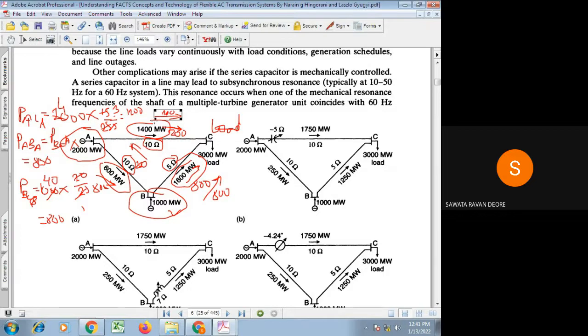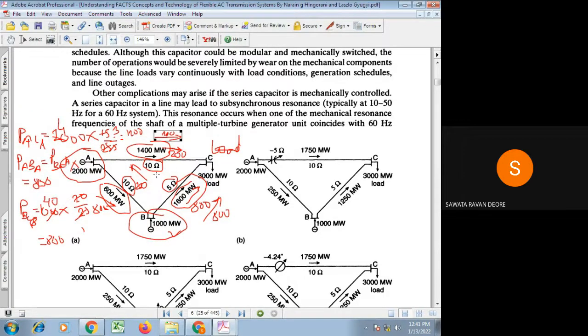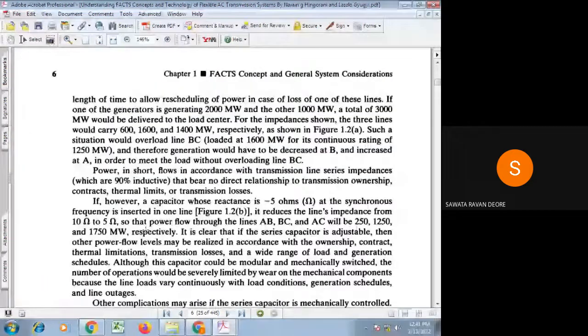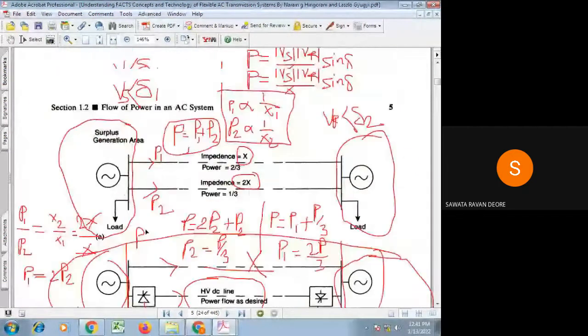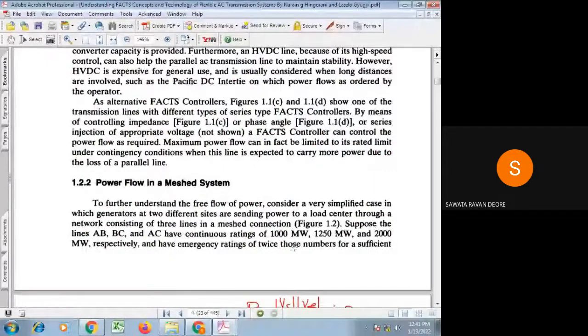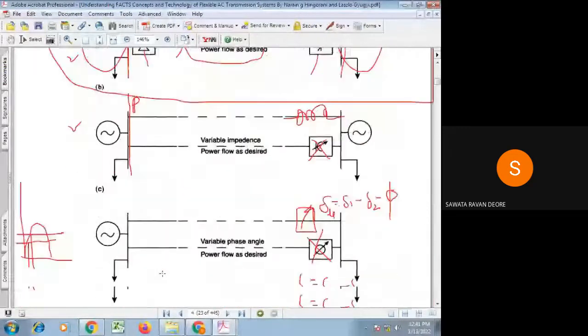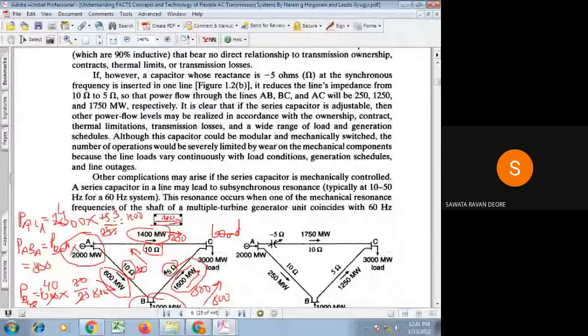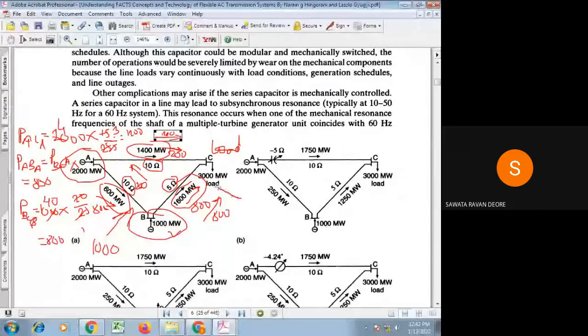Now once we found that, we have to check the capacities of the transmission lines. Let's say here it is given in the example that this line has a rating of 1000 megawatt capacity, this line is of rating 1250 megawatt capacity, and this line is of rating 1500 megawatt capacity.